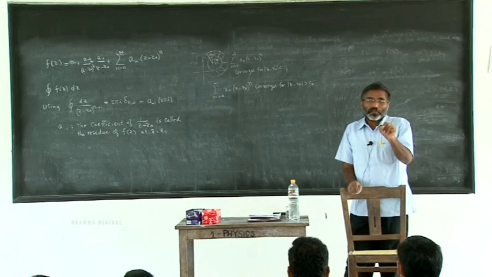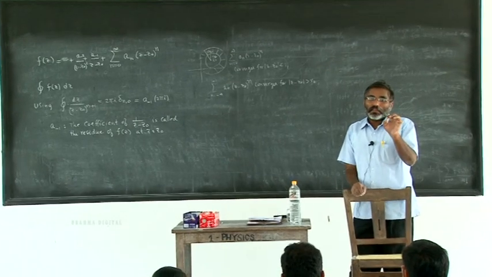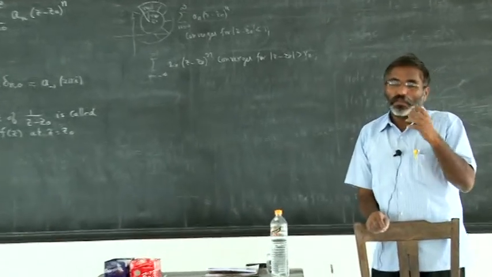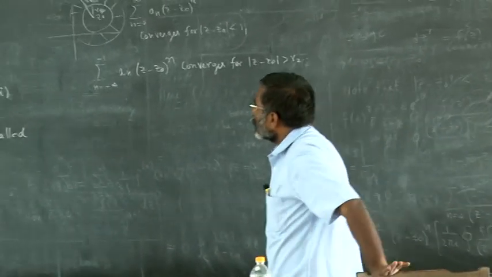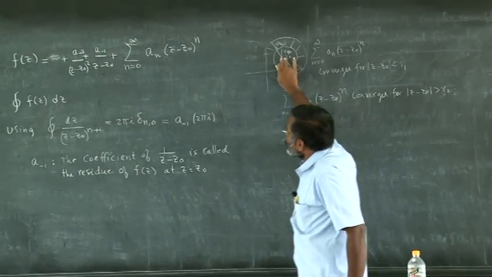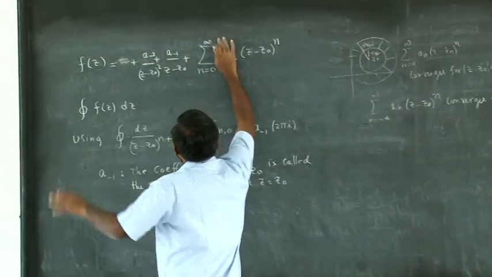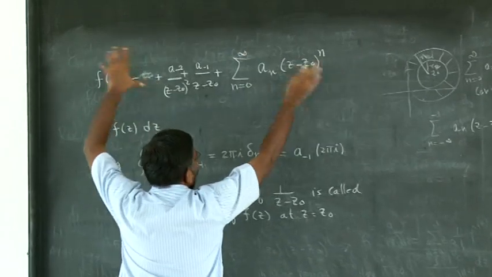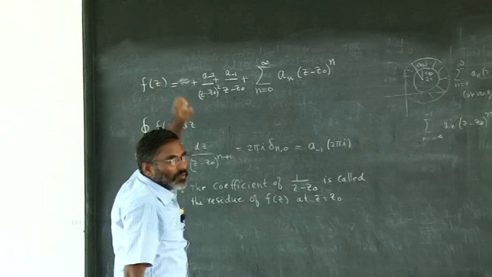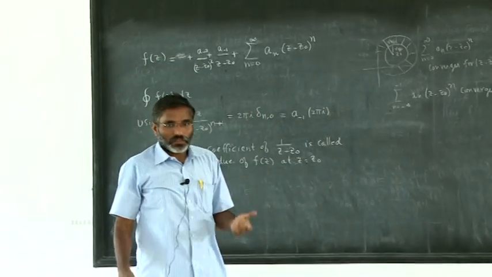But even if it is one point, that is a point where it cannot converge. So you can see that convergence of this series and this series together to a complex function requires the region of convergence to be an annular region.